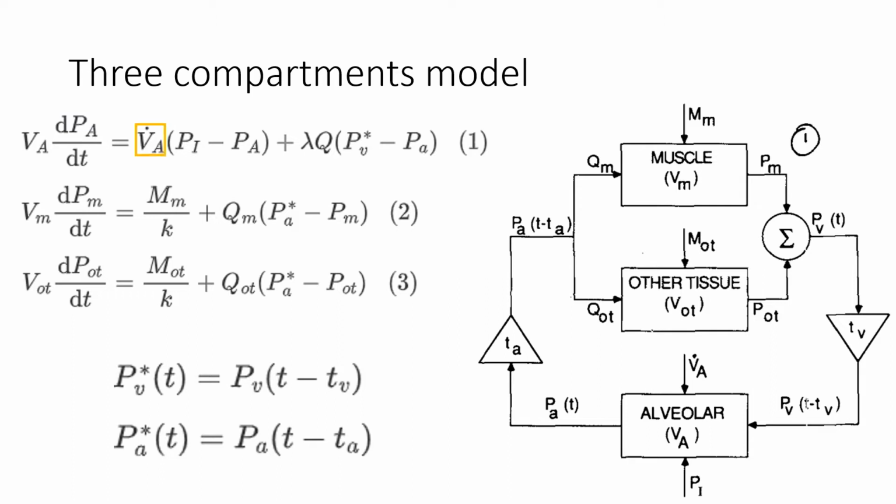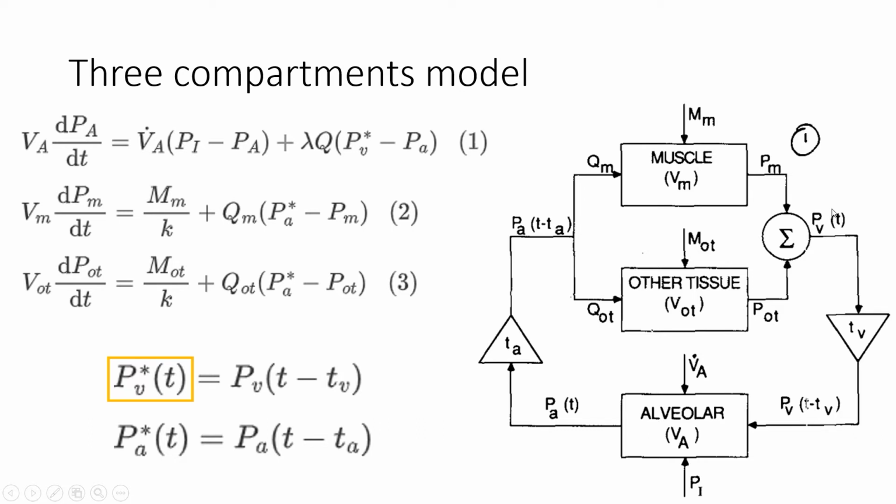VA dot here is the alveolar ventilation term. PI here is the inspired carbon dioxide partial pressure. And PV here is the partial pressure in the venous blood.